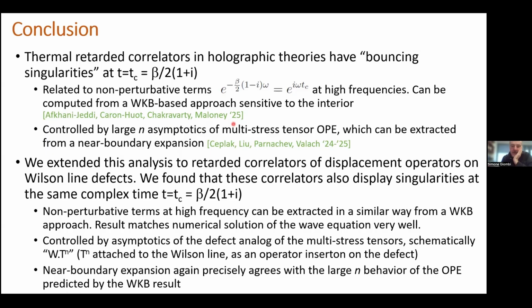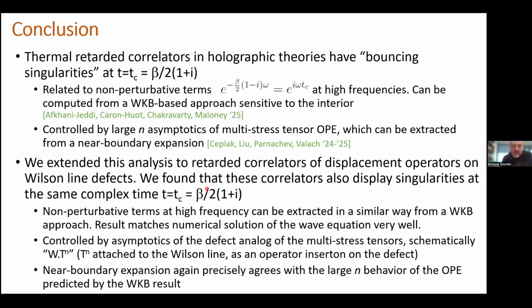And then I extended this to the case of defects, considering the retarded correlator of the displacement operator on a Wilson line. And we found that holographically, to leading order at strong coupling, which is the regime I considered, the same complex time singularity appears in these defect correlators.